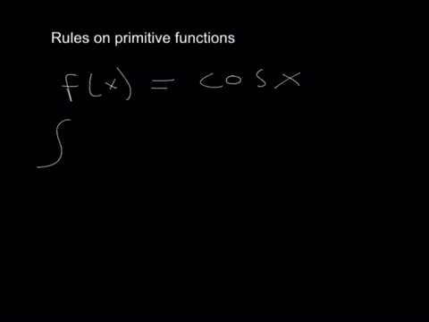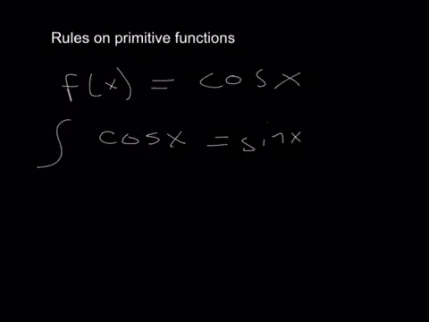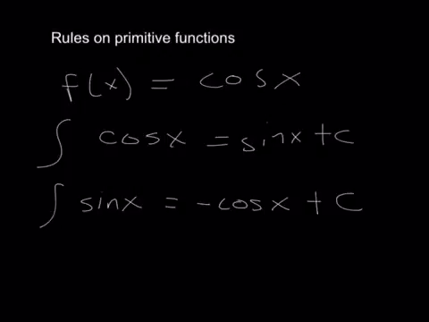For example, when we have f of x equals cos x, the integral of cos is equal to sine x plus c. When the function is sine x, the integral is minus cosine of x plus c. We have to always remember to put c.